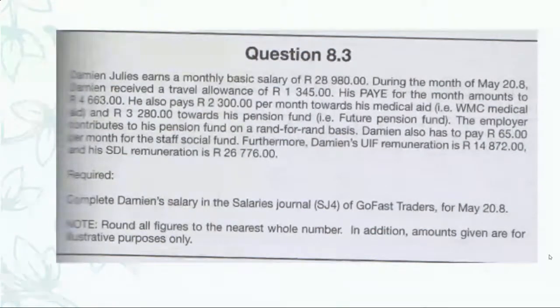What they tell you is to complete Damien's salary in the salaries journal for GoFast Traders, and an important note is to round all figures to the nearest whole number. That means there should be no cents in your answer; it should be a full amount. In addition, amounts given are for illustrative purposes only. So all you need to know is you round it to the nearest rand.